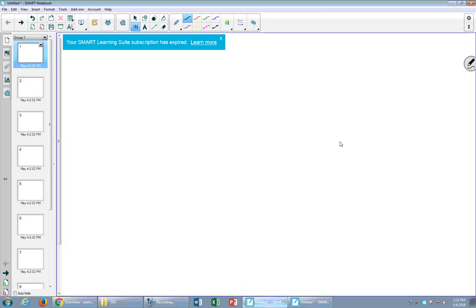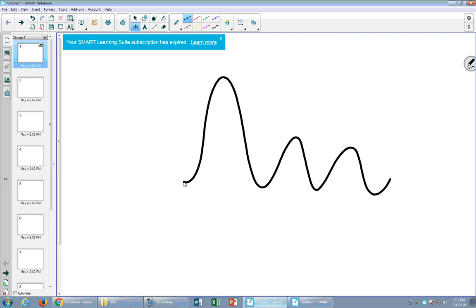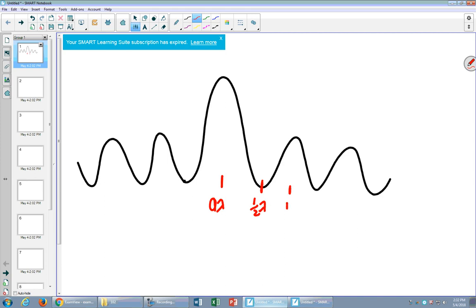So if I have an interference pattern that looks like this, path length difference is 0 wavelengths, a half wavelength, 1 wavelength, 1.5 wavelengths, 2 wavelengths, and on and on.